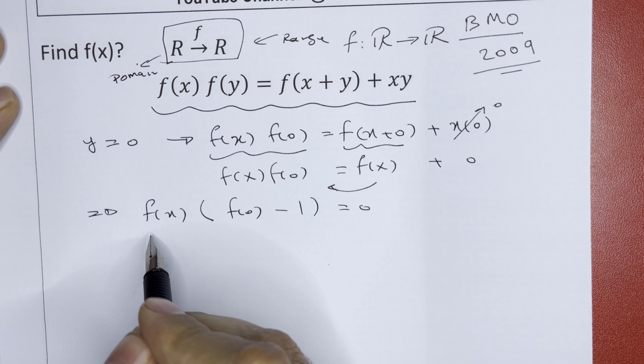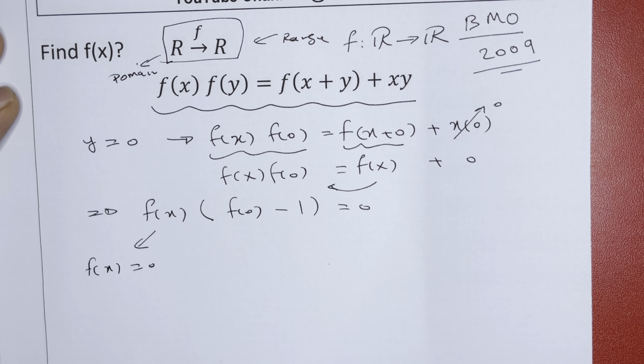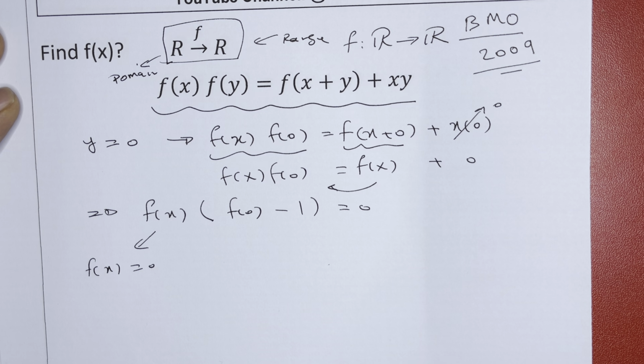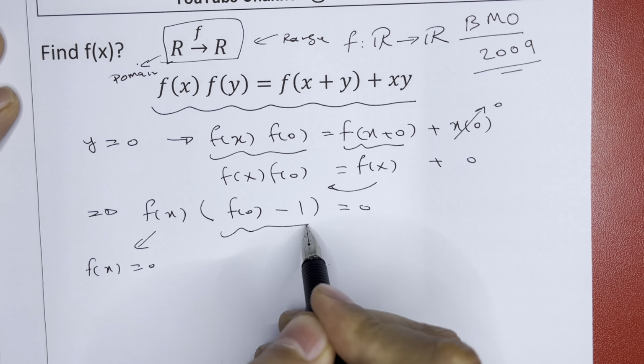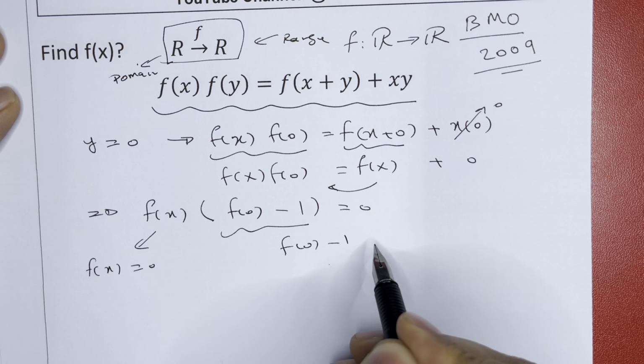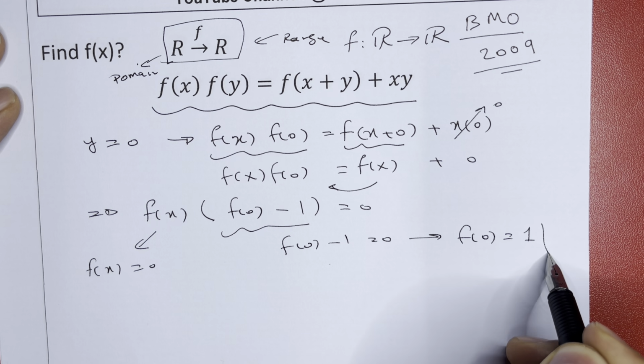So either f of x is 0, which means for every x it's gonna be 0, so it's not a particular value, right? Is it possible? We have to evaluate that. Or this factor is gonna be 0: f of 0 minus 1 is 0, which means f of 0 is 1.